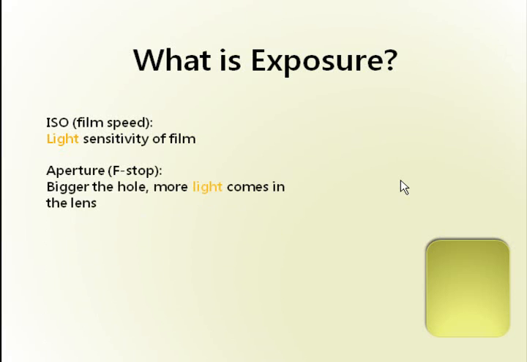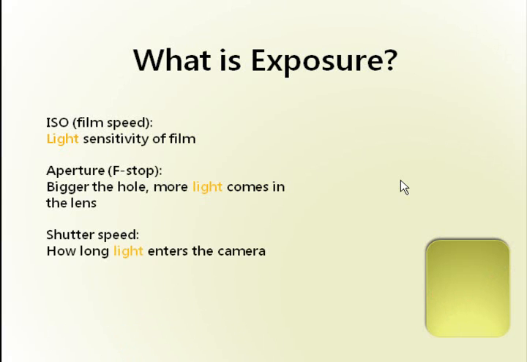Basically, aperture is controlled by the hole that is in your lens. The bigger the hole, the more light comes in the lens. So the smaller the hole, the less light comes in the lens. That is aperture. And the last one that is a factor in exposure is shutter speed.